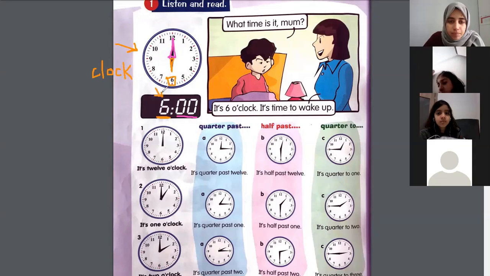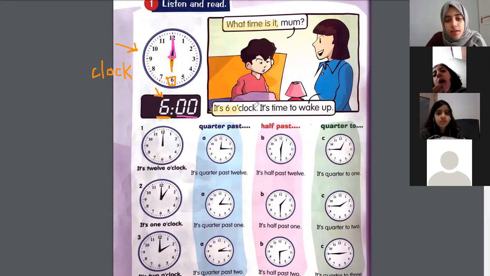Let's see what this boy is asking his mom. He is saying, what time is it, Mom? So if you want to know the time, you have to say, what time is it? If you want to ask about the time, this is how you ask. What time is it? And the mom answered, it's 6 o'clock.